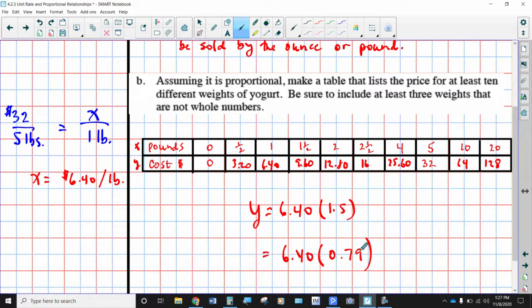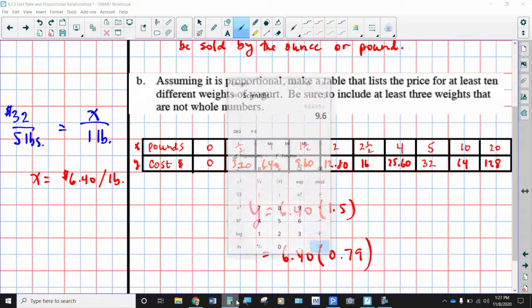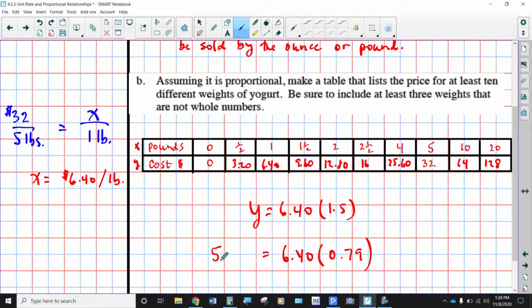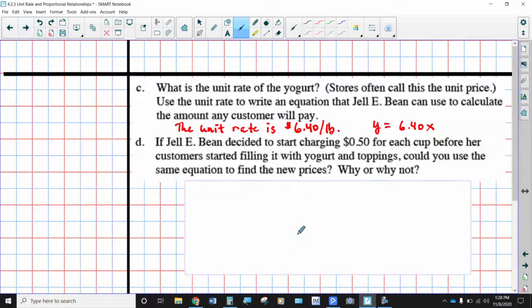Nobody is going to find that in their table. You just don't want to do that kind of estimating or calculating in your head. So you just take your unit rate, 6.4, times the weight, 0.79, and you get your answer. You'd round that to $5.06 for that particular yogurt. That's how unit rate works.